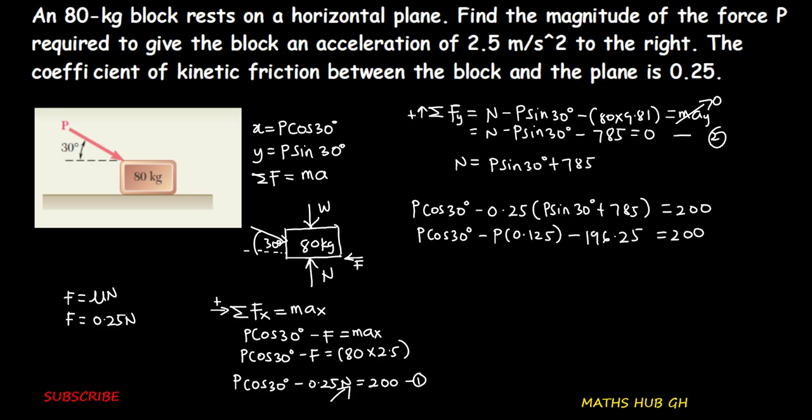Now let's simplify this. Cosine of 30 degrees will be 0.866.